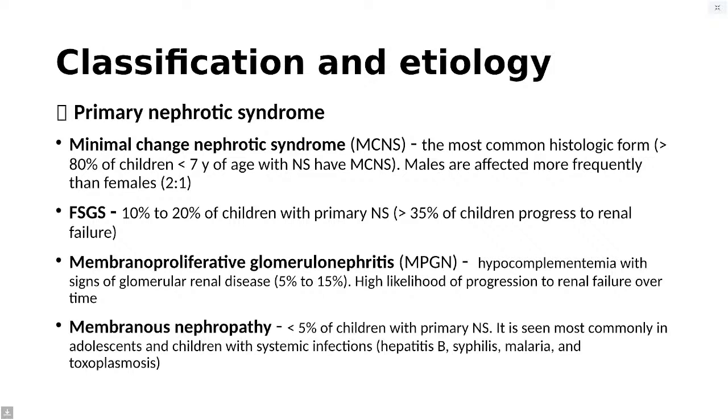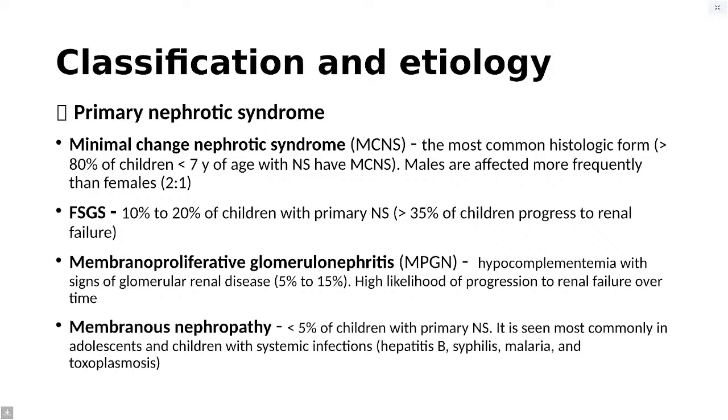Greater than 80% of children less than 7 years of age with nephrotic syndrome have this form. Males are affected more frequently than females. The ratio is 2 to 1.